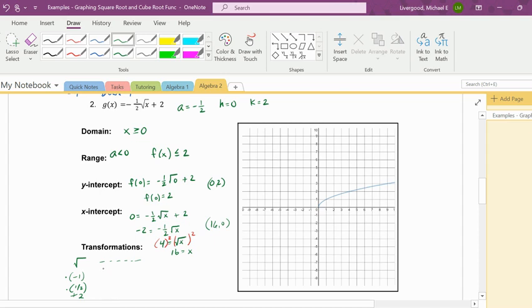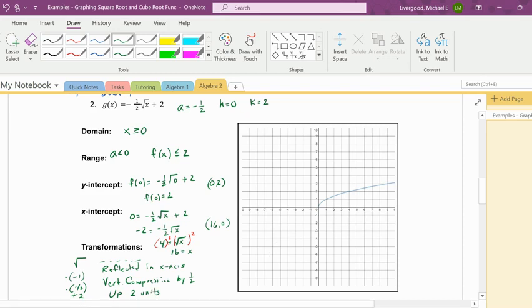So the negative 1 that's multiplying is going to give us a reflection in the x-axis. The 1/2 gives us a vertical compression. So the graph is shorter than it used to be, and it's shorter by a factor of 1/2. The plus 2 at the end, that just moves every point up 2 units.